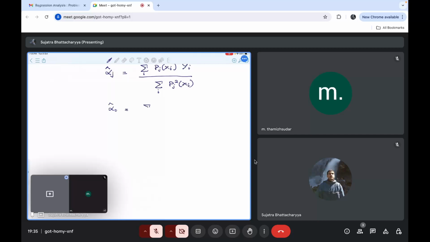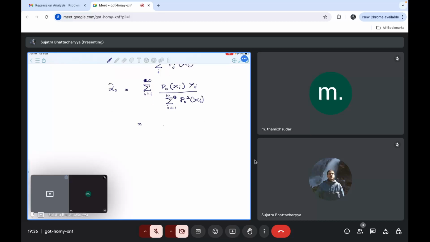So let's do it. I is equal to 1 to n, so n is 10. It will be the summation of P0 xi into yi divided by the summation of P0 square xi. You know that P0 is nothing but 1, so all are 1.